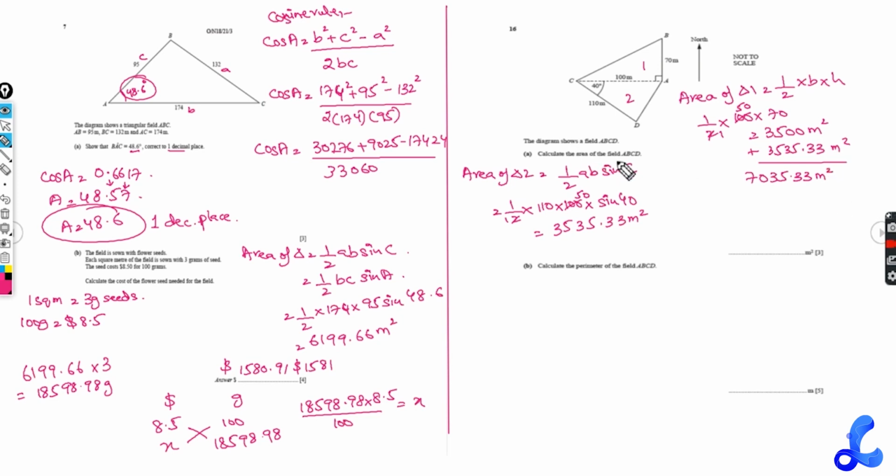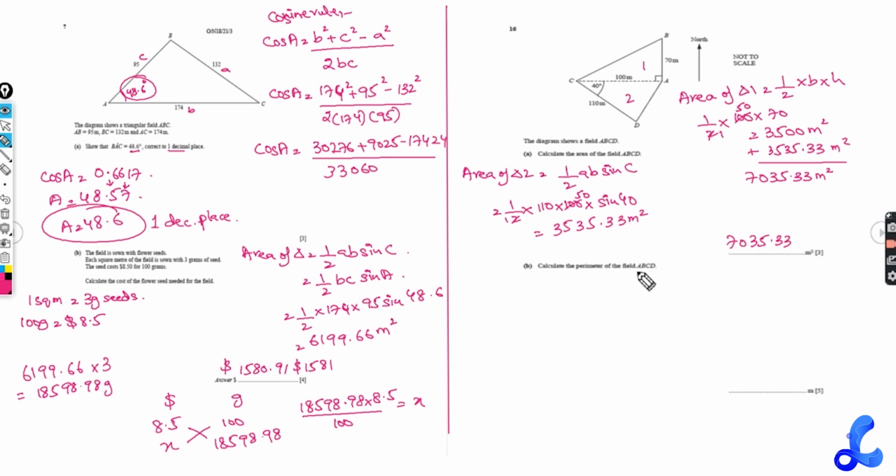Notice over here they haven't told you about one significant or two significant places. The answer was 7035.331, so I'm using two decimal places. If they haven't told you this, then you will be using two decimal places, right? So your answer over here is 7035.33 meters square. Simple.